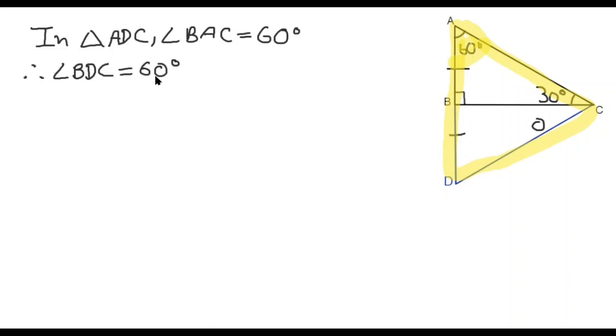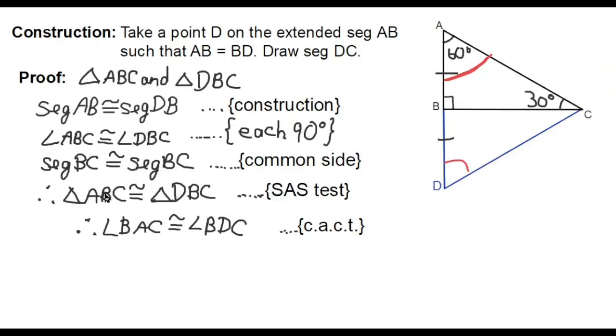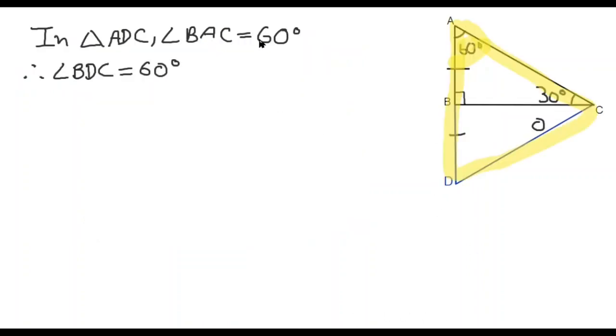Therefore angle BDC is also 60 degrees. From here what we have got, angle BAC is equal to angle BDC. So here BAC is equal to 60 degrees, that means BDC, this angle, will also be equal to 60 degrees.